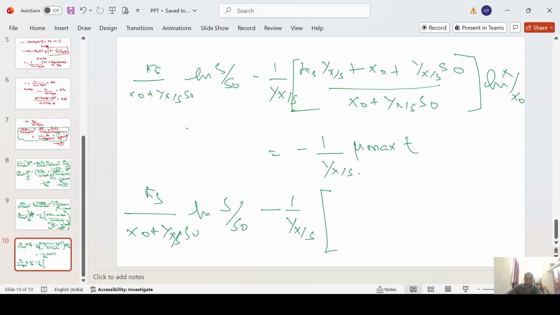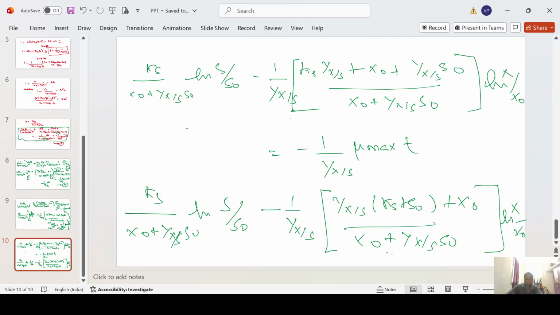The whole term is yx by s of ks plus s naught plus x naught divided by x naught plus yx by s of s naught ln x by x naught is equal to minus 1 by yx by s mu max into t. So this is the final equation for the performance equation for a batch reactor. Thank you.